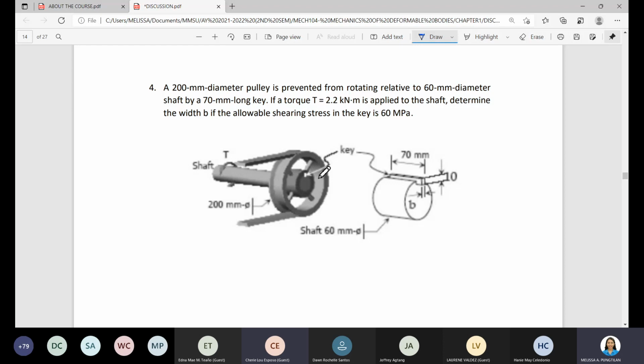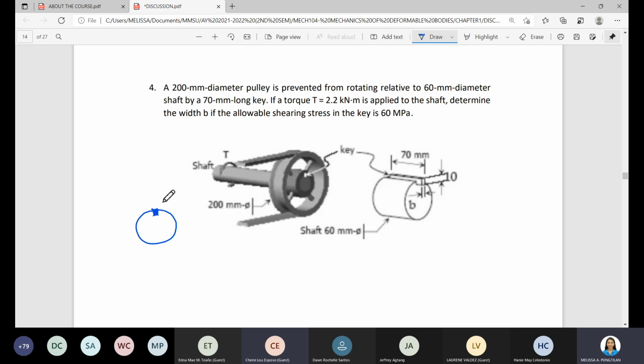So the problem is asking for the dimension of this key to prevent it from rotating. What we will do is draw the free body diagram so we can better understand the concept. So we have here the shaft. They put a key on it. That is the key.